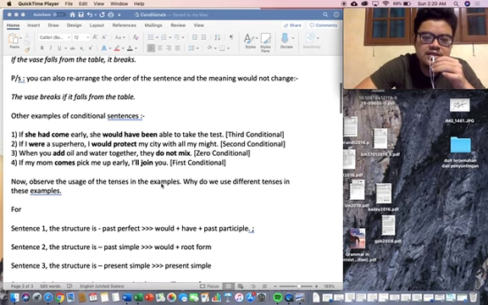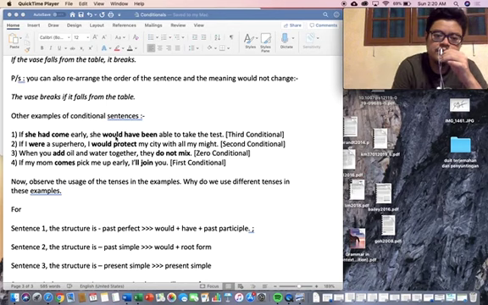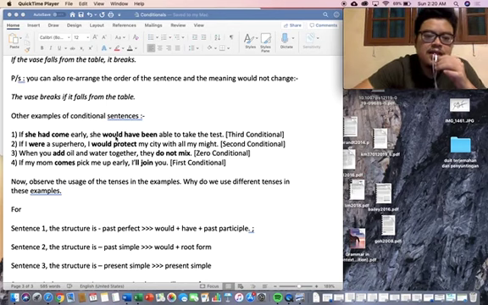What you need to observe here is that for each of these examples, I use different tenses. In "if she had come," this is in the past perfect tense. In "she would have been," would is a modal verb, and we use have and been, the past participle.